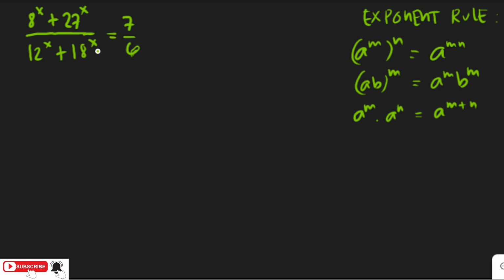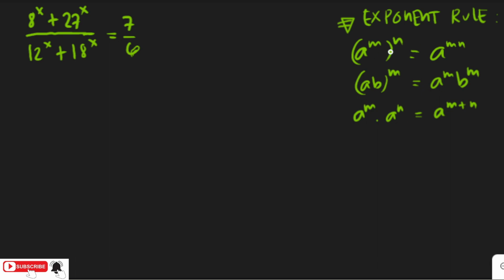But before proceeding to that solution, we will have to remember the exponent rules: (a^m)^n = a^(mn), and (ab)^n = a^n times b^n.